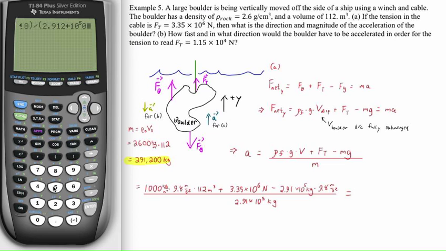Okay, so close parentheses there. So I get 1.74 if I'm running to three significant figures.